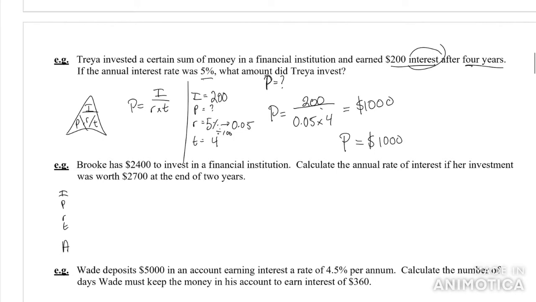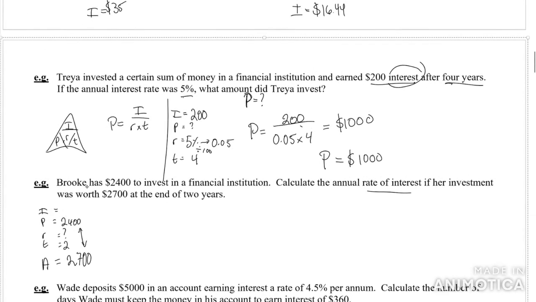I have A, because what they said was I initially invested $2,400. They didn't give us the interest rate, that's what we're trying to find, and they said 2 years, but they said the whole thing was worth $2,700 at the end. So that's not how much interest I've made.